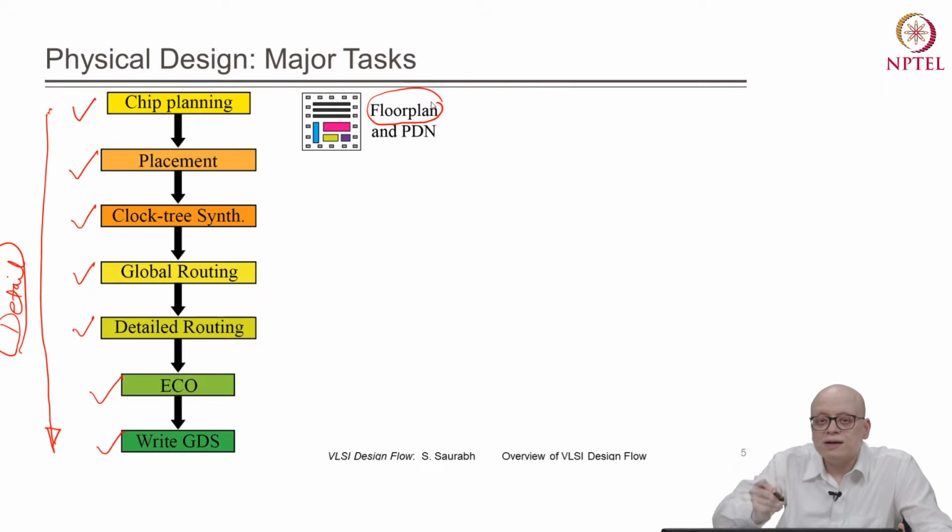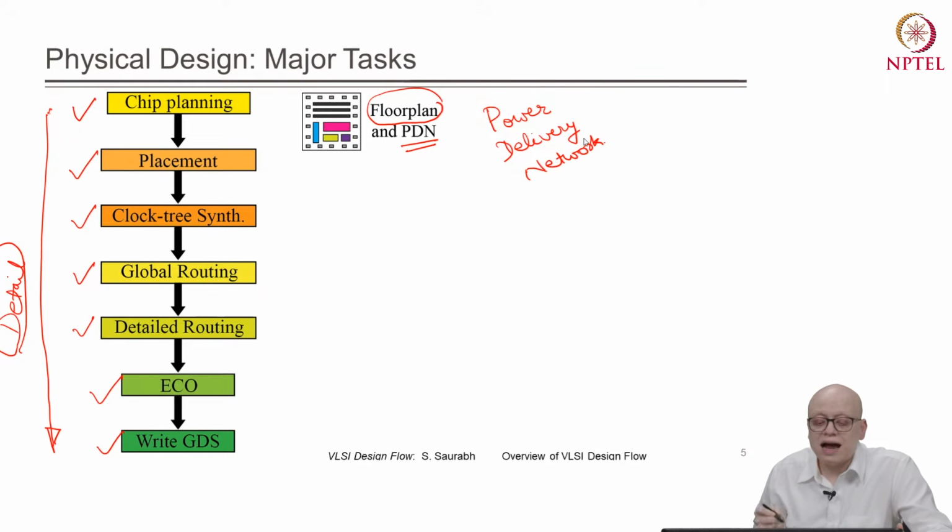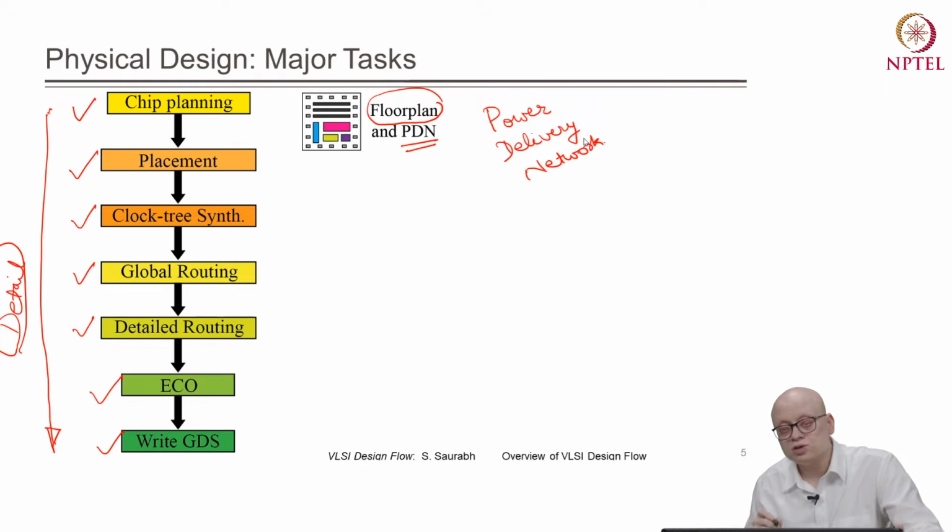Floor planning means that we have decided the locations of bigger entities, and we also add the PDN, or power delivery network. So, this information is added by the chip planning step, that is floor planning, the locations of bigger entities and other things, and also the power delivery network is made during chip planning.